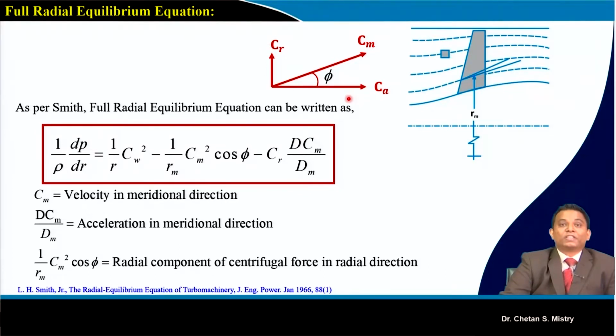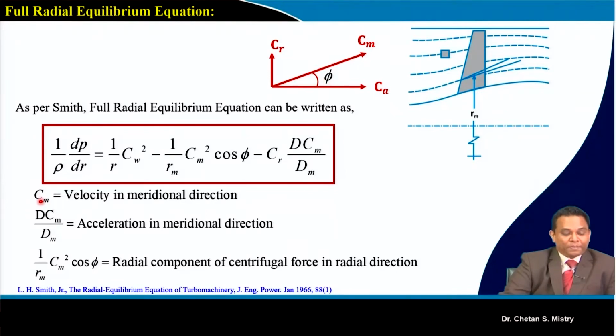So rather than considering axial flow as the velocity component for the fluid to move, they have considered this meridional velocity component. Here phi represents the inclination of the flow, and how the area changes affects the movement of the streamlines.